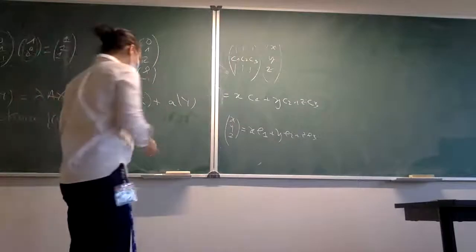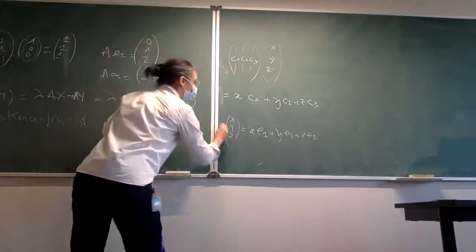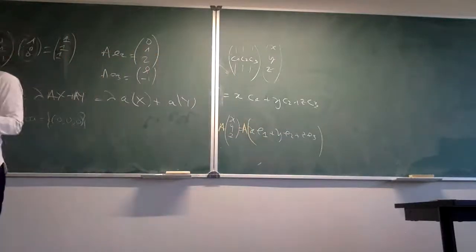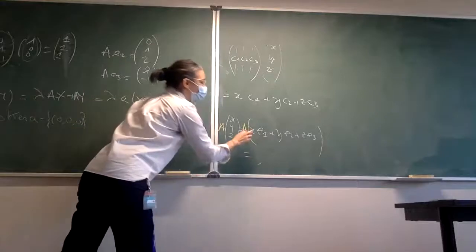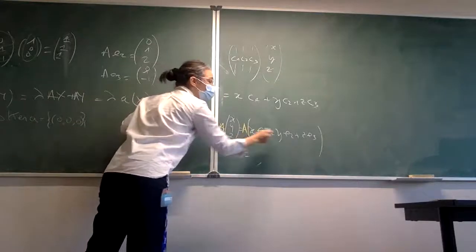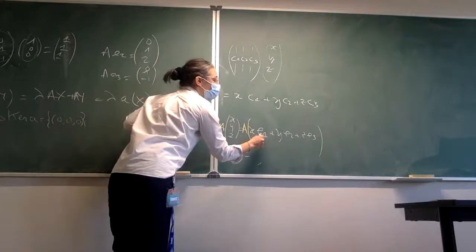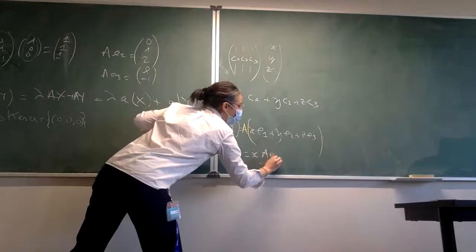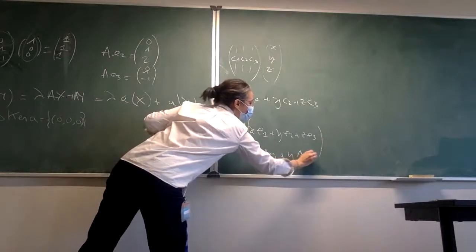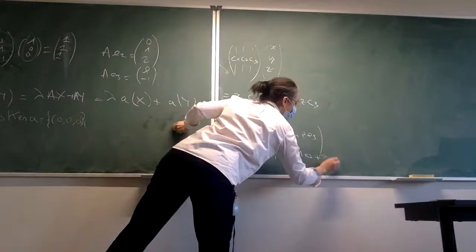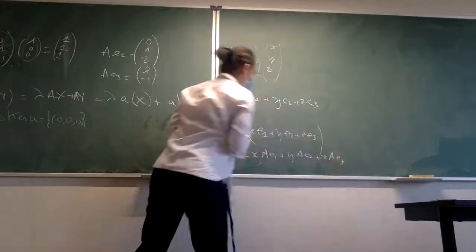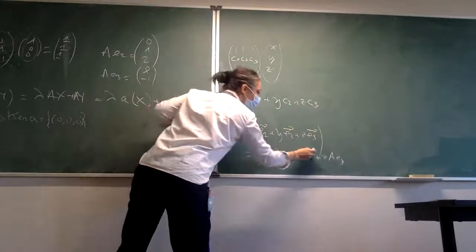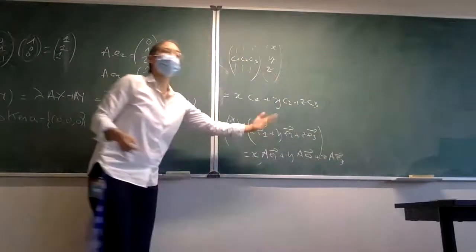So when I want to apply my matrix A here, I'm going to use linearity. X, y, and z are just numbers. E1, E2, E3 are my vectors. I will get x times A E1 plus y times A E2 plus z times A E3. Maybe I can put some arrows to distinguish vectors from capital letters in the matrix.